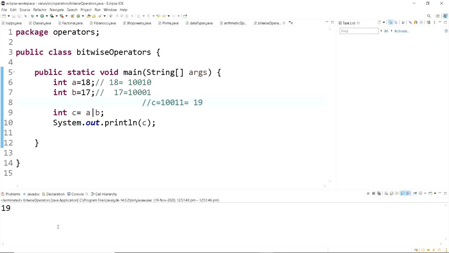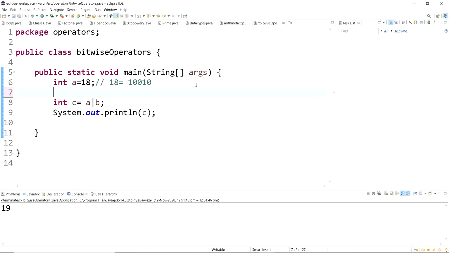And there is one more concept, that is right shift and left shift. We'll see how right shift works and how left shift works. For example, let us consider only this number 18.